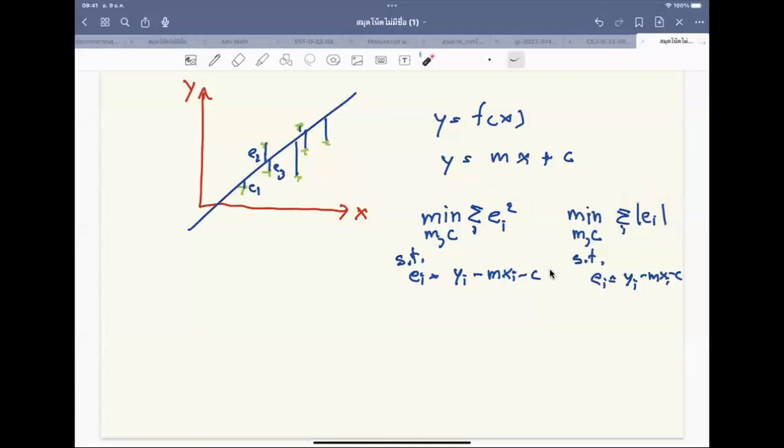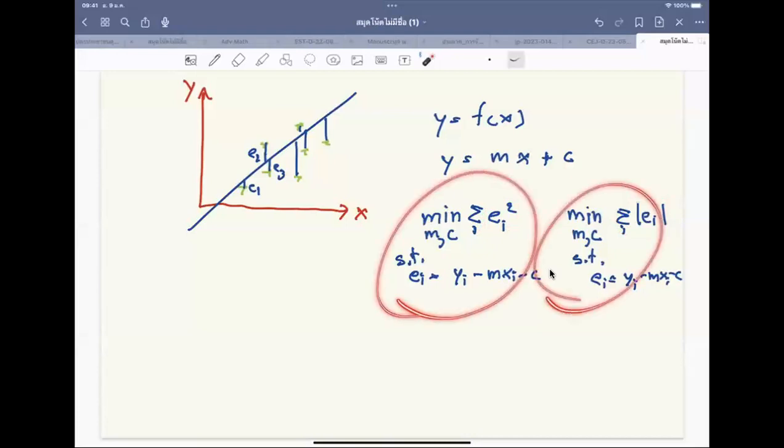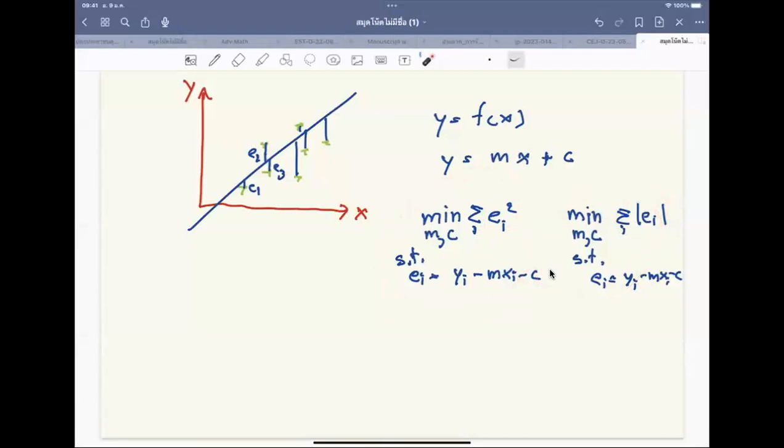Okay. Do you think that by solving this problem and this problem, we obtain the same solution? When we say solution, in this case, is a set of M and C, right? Our solution is M and C. Do you think we obtain the same solution? No, impossible, because we use different representation, or we define different performance, different sum of error.